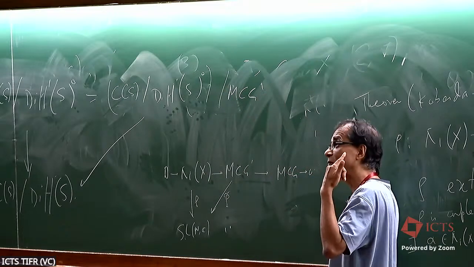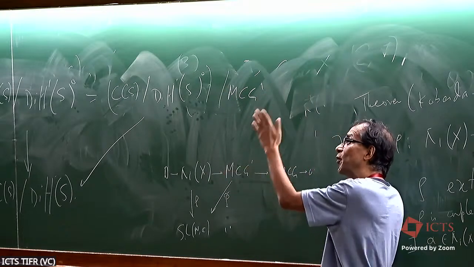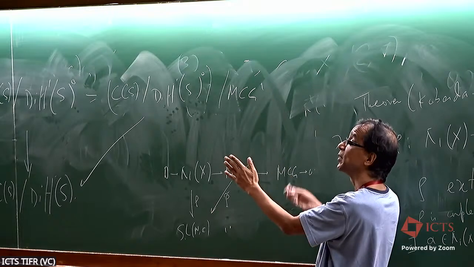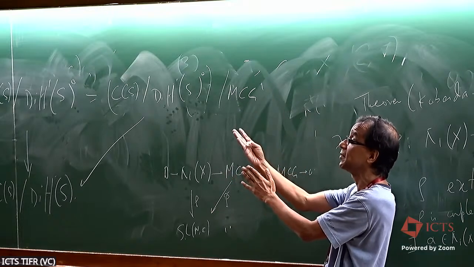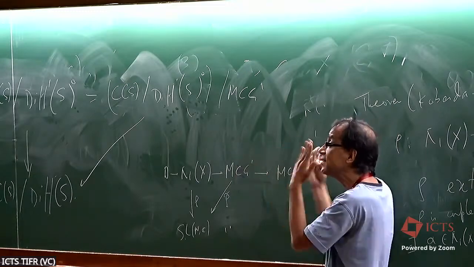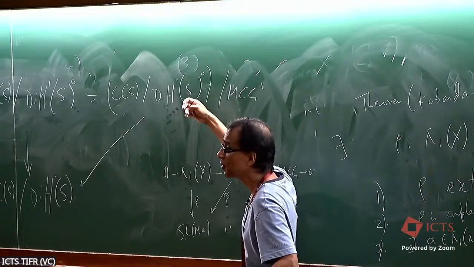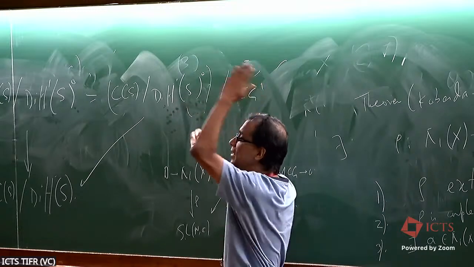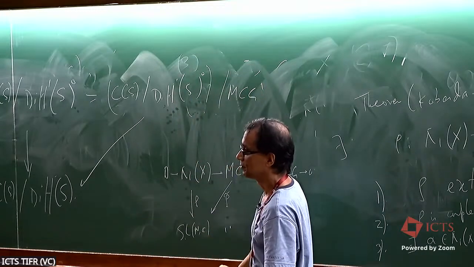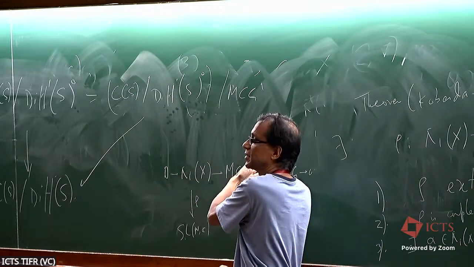Remember, when you have a submanifold, how do I get a representation, a flat connection, and the corresponding Higgs bundle? I restrict the flat connection, and the corresponding Higgs bundle is just the restriction of the Higgs bundle. So I have a holomorphic family of holomorphic Higgs bundles on this, such that when you restrict to each curve, it is the Higgs bundle of that representation.